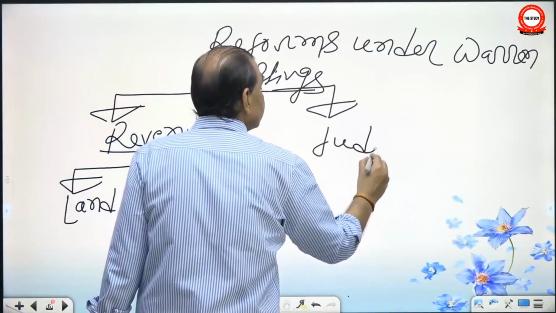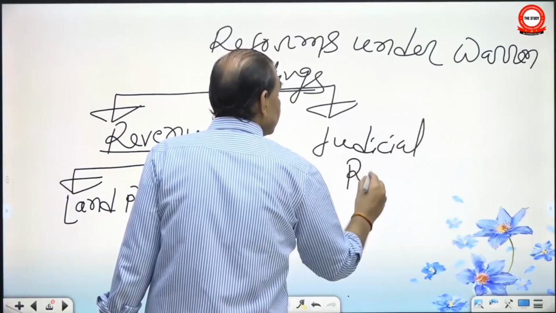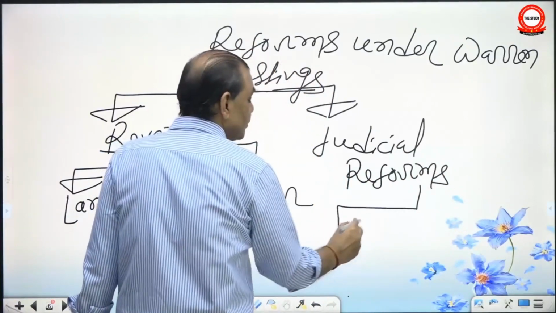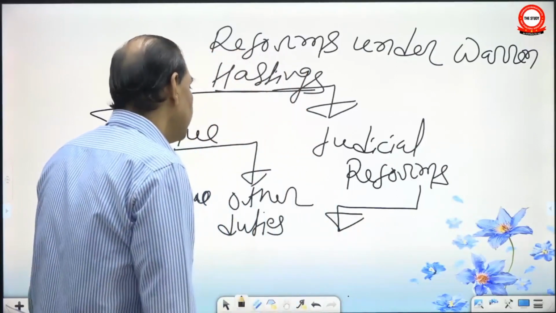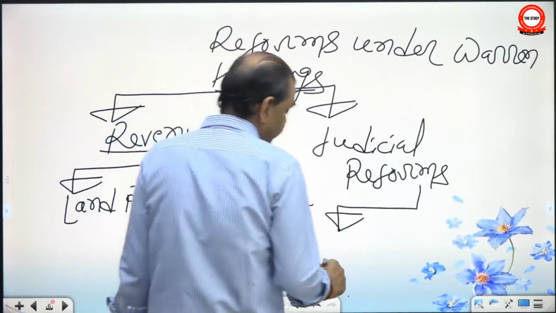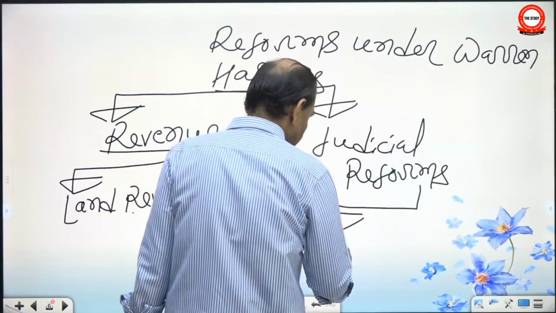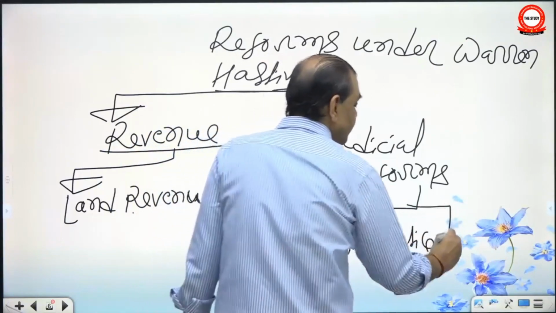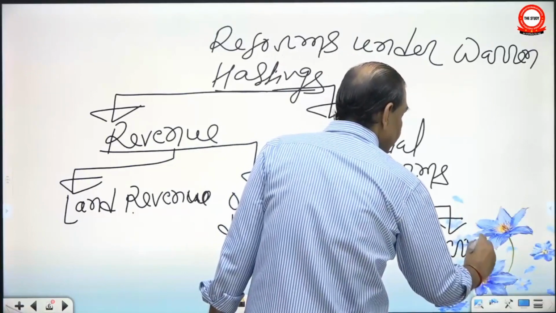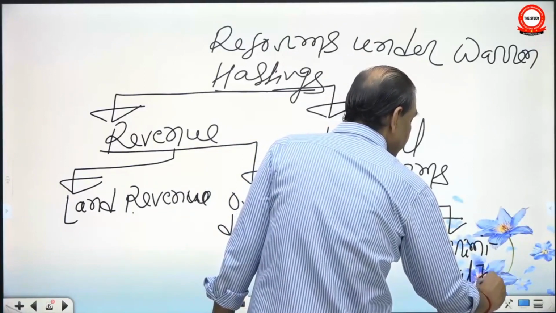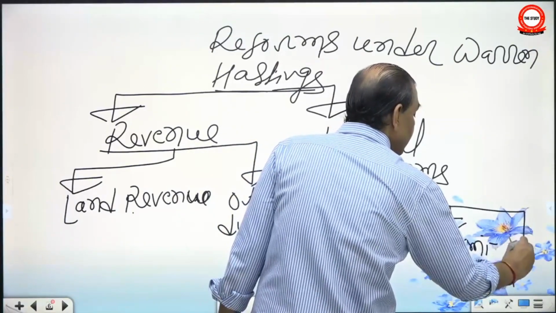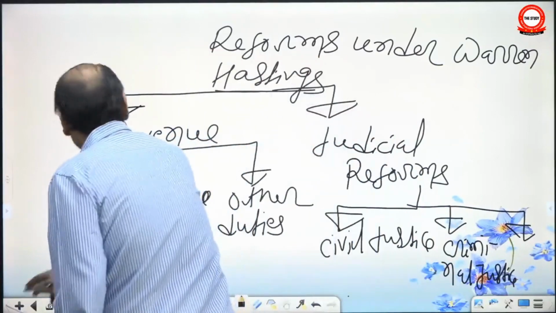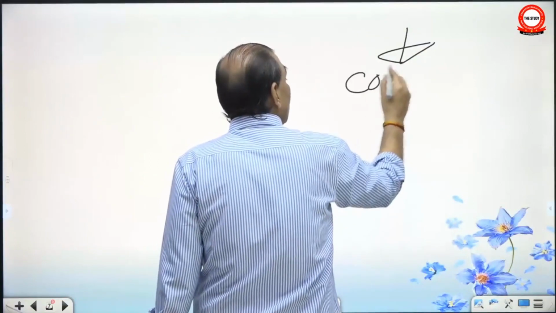Judicial reforms. In judicial reforms, you will find three: the first is civil justice, the second is criminal justice, and the third is codification of laws.